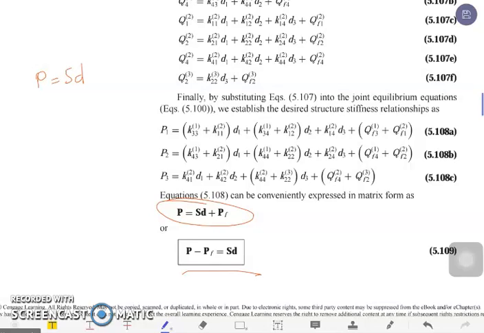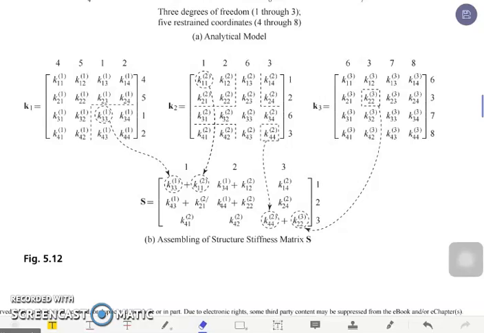We're going to make use of the assembly of the structure stiffness matrix by member code numbers. The same procedure we used for plane truss applies. So for the structure stiffness relation, we have to identify our K.